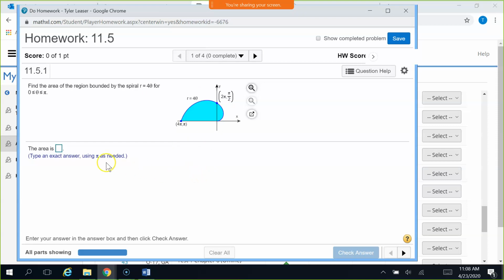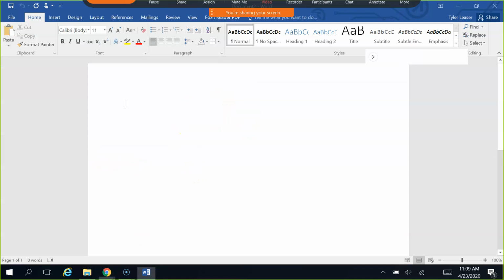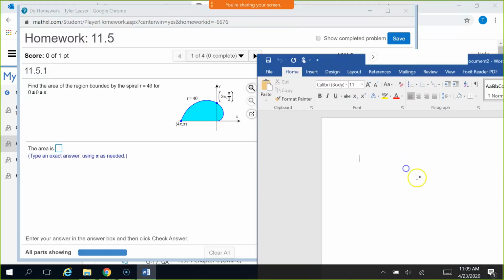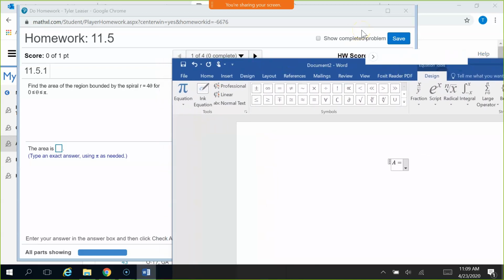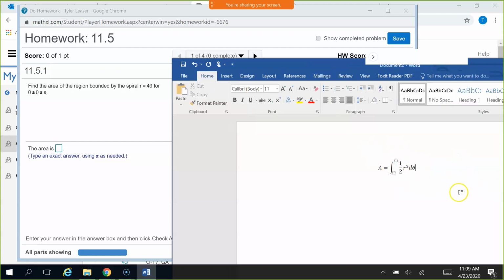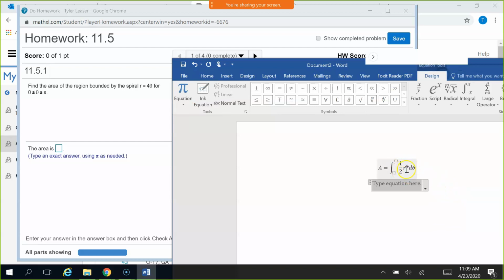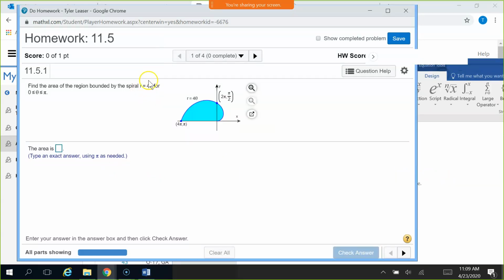To find areas in polar coordinates, there's a formula: the integral from wherever your angle stretches from, of 1/2 r squared d theta. That was off memory, I think that's right. The r is whatever the function value is in terms of theta, so we're plugging 4 theta in for r.